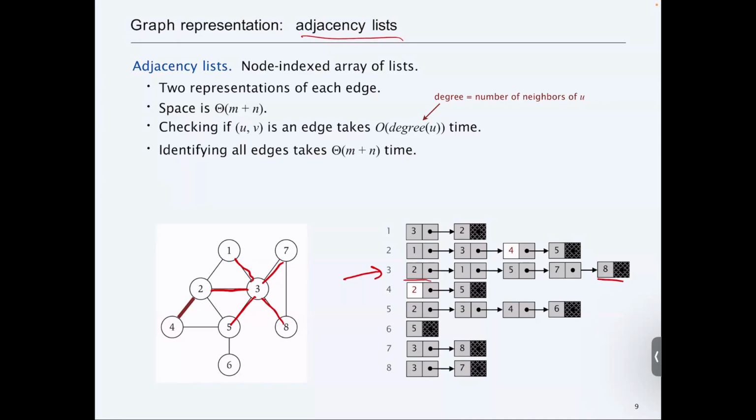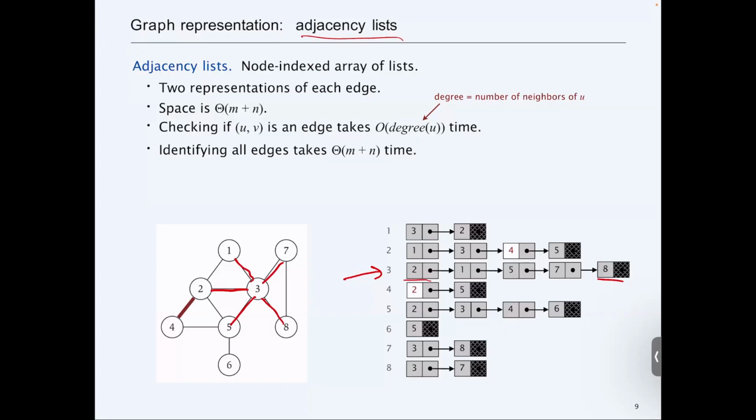Now the trade-off here is that edge lookup becomes slower. If I want to know whether or not uv is an edge with an adjacency matrix, all I had to do was look it up in the matrix in constant time. But with an adjacency list, I have to scan through all of u's neighbors in order to determine whether or not u is connected to v.